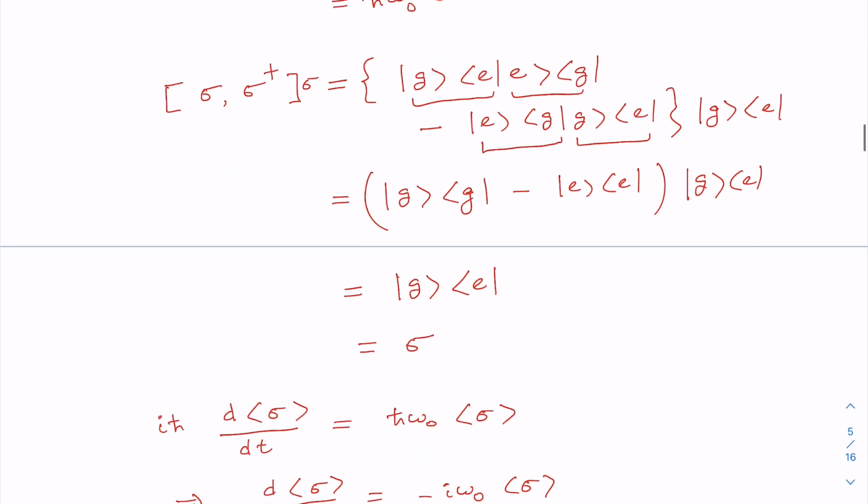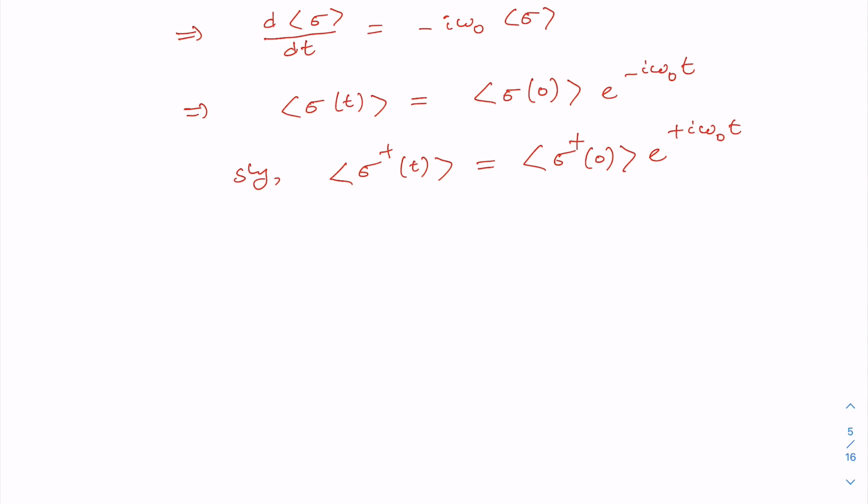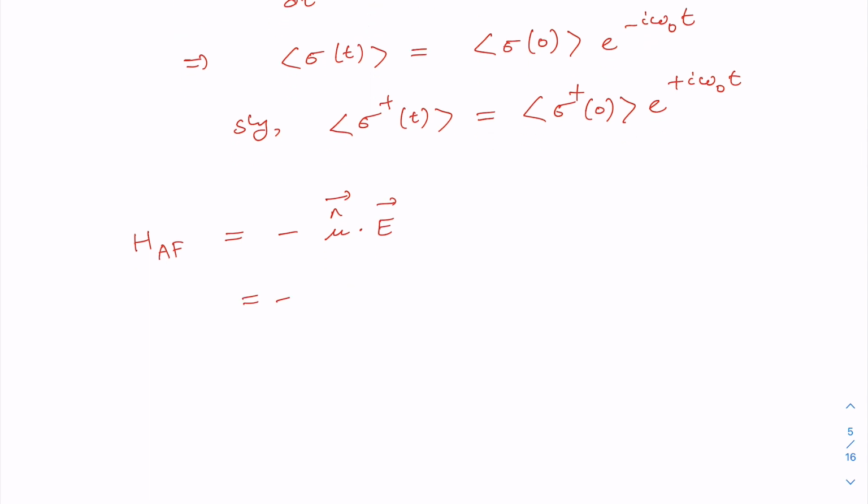We can now open up the atom field Hamiltonian using this decomposition, in terms of the electric field as well as the dipole moment operator. So we have the atom field Hamiltonian as minus mu dot E, which I can now write as minus mu plus plus mu minus dot E plus plus E minus.